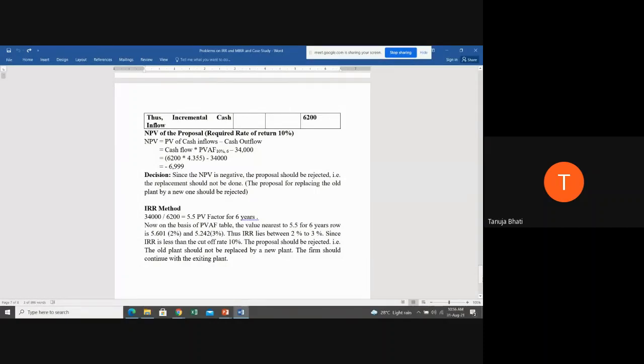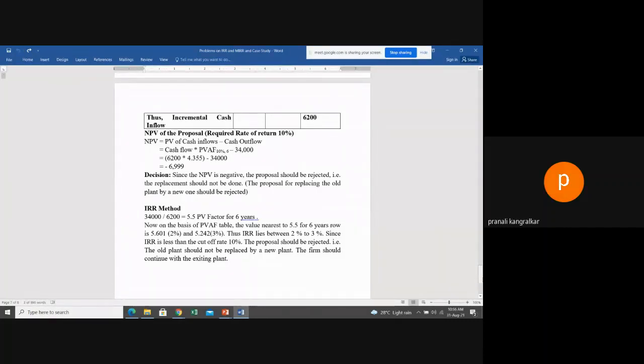Based on this, can you make a decision, or is it necessary to use the formula and find the exact IRR? You don't know the exact percentage, but it is somewhere between 2% and 3%. So what decision will you make?